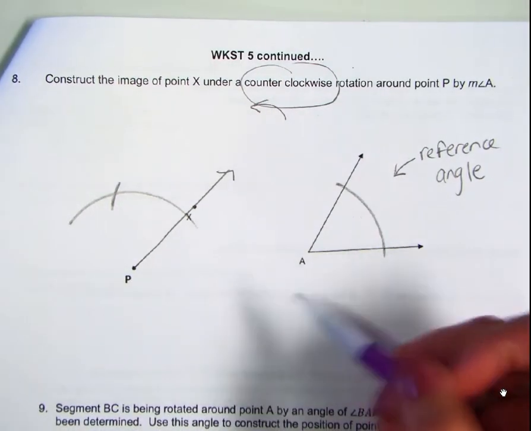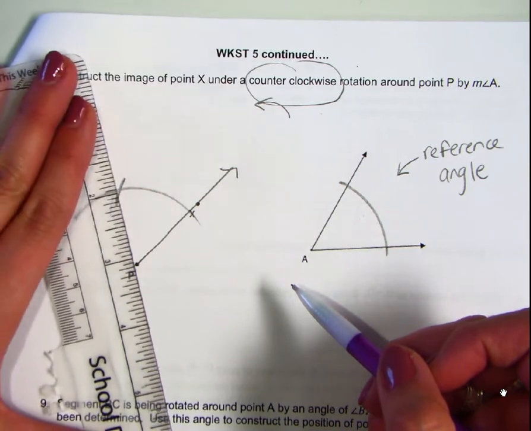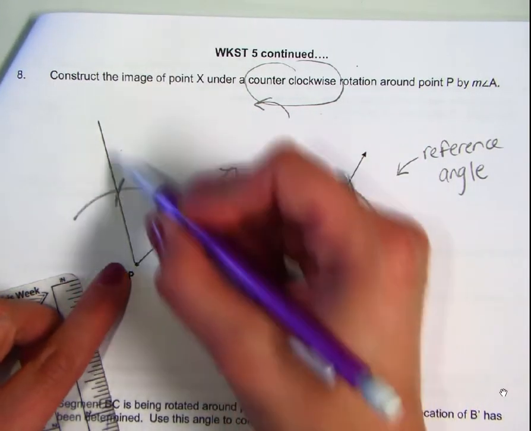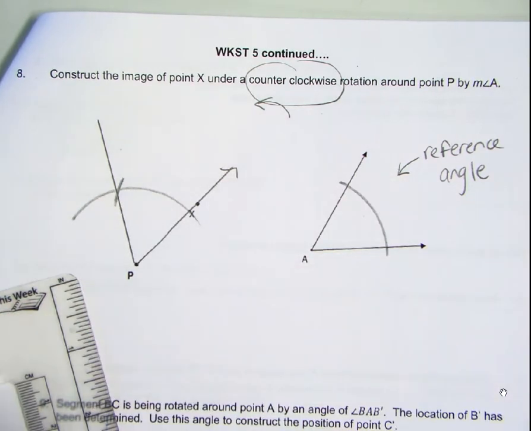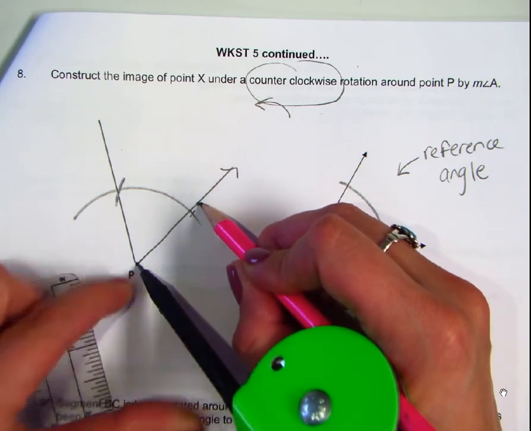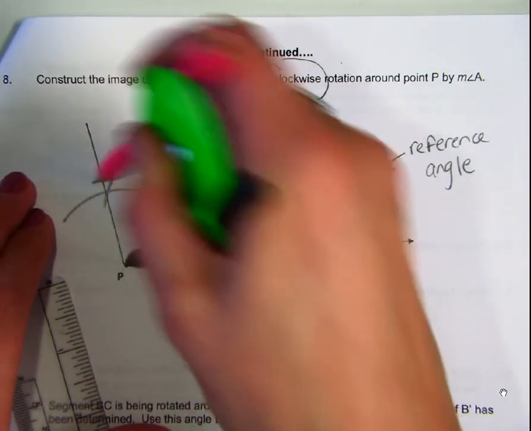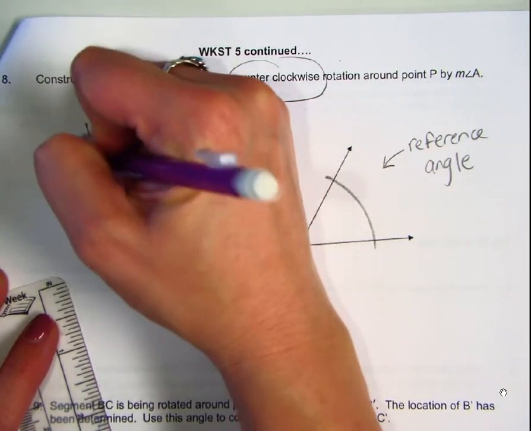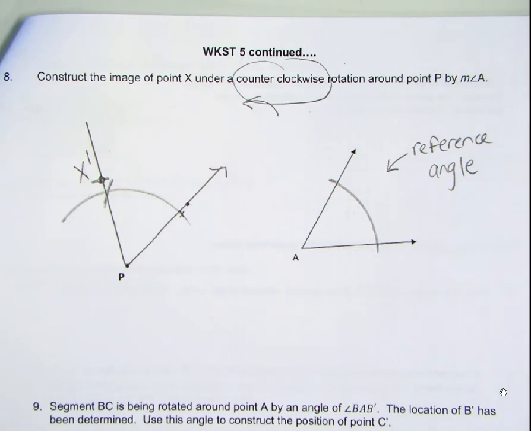Here is the angle. Point X is going to fall on this ray. Now you need to figure out exactly where it's going to fall. So you're going to measure X. X prime is going to go right here.